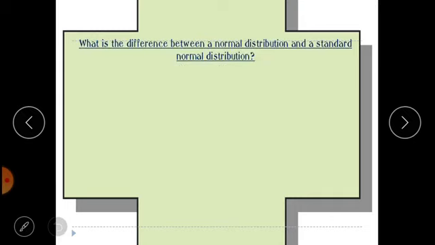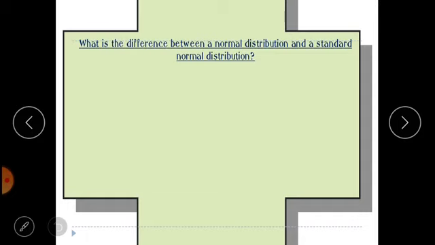Okay, so let's continue. What is the difference between a normal distribution and a standard normal distribution? Okay, so yung normal distribution, sabi natin kanina, is a continuous probability distribution.